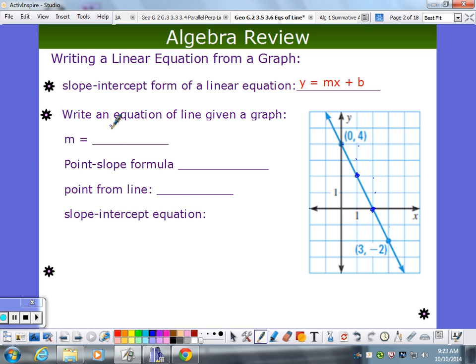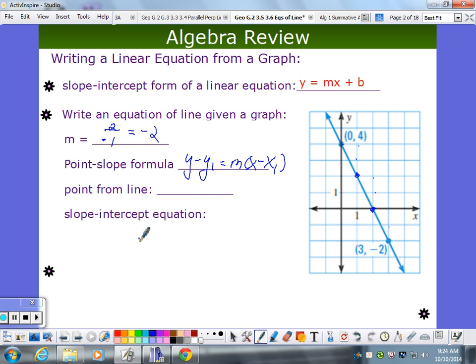So that means up is positive, left 1, that's negative, right? If you're going up, you're positive. If you're going left, you're negative, right? So you got -2. Now the point slope formula states, do you remember what it is? Yeah, what is it? Y minus y1 is equal to m times x minus x1.